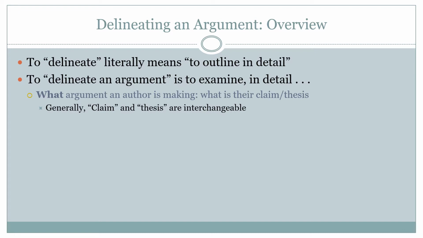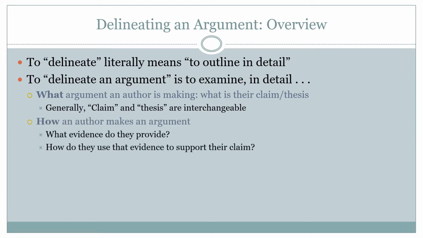So the first thing we're looking for is, what argument is an author making? What are they trying to prove? What are they trying to convince you of? And also, how are they making that argument? What evidence are they providing? How do they use that evidence to support their claim? These terms should sound pretty familiar. This is just tiers in reverse, right?